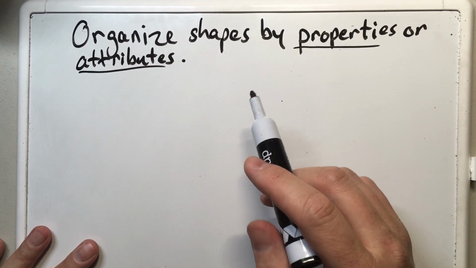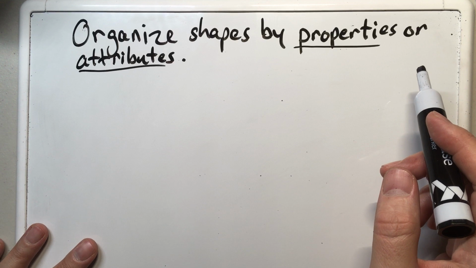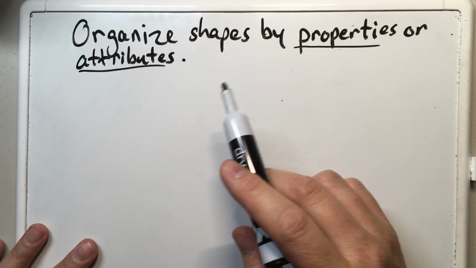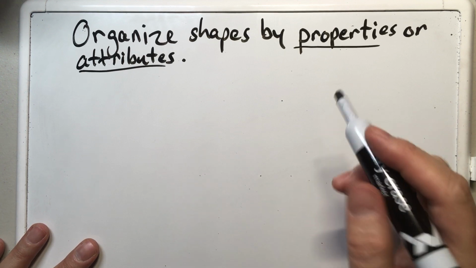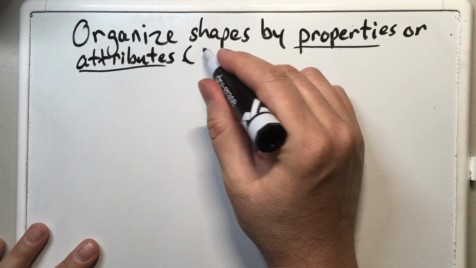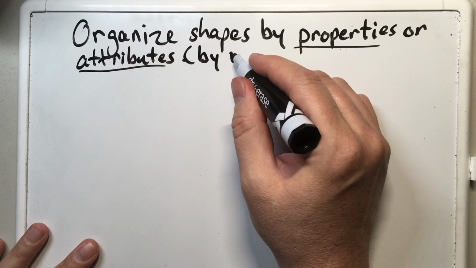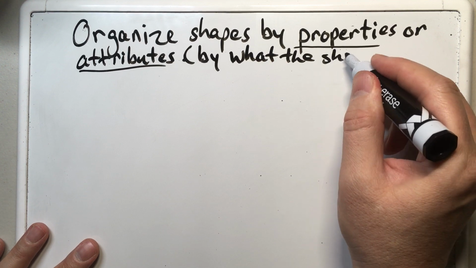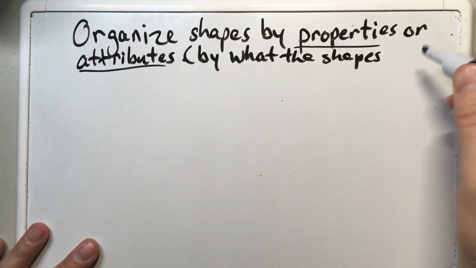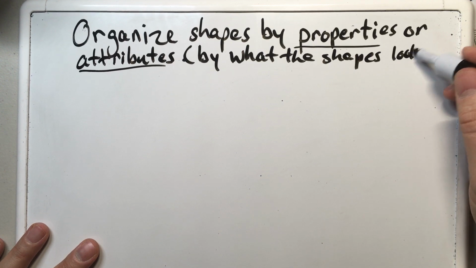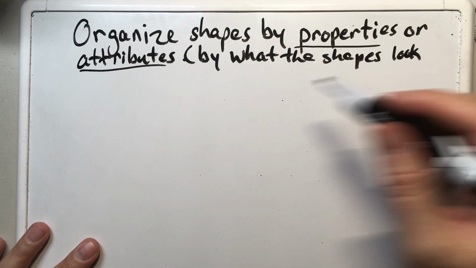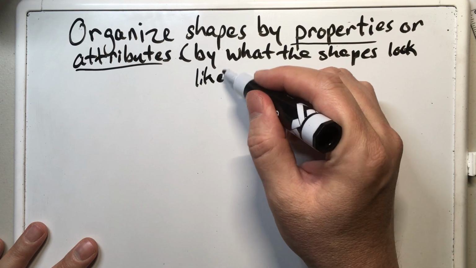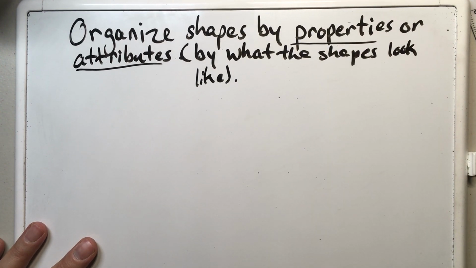I can say that I'm going to organize the shapes by properties, or I can say I'm going to organize the shapes by their attributes. Either one is fine. So by what the shapes look like. There's other properties of polygons, but for now we're just going to organize the properties and the attributes by what the shapes look like.